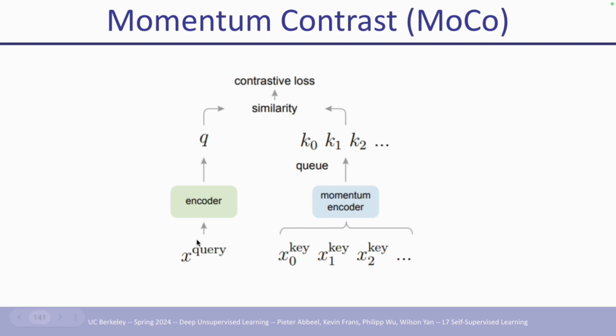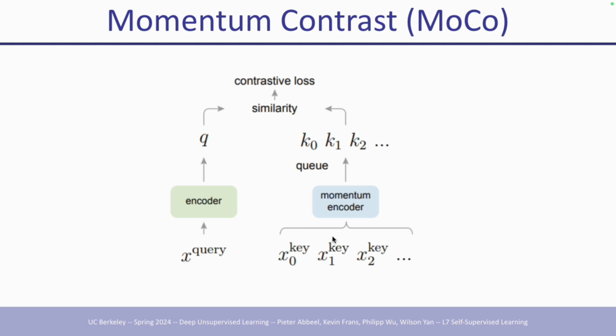And at the time, we didn't have the types of scalable computing infrastructure that we do today. So if you want to do this type of contrasting, because we're now contrasting with full images and no longer patches, you were getting really small samples. And so that made this type of contrastive idea not really work.